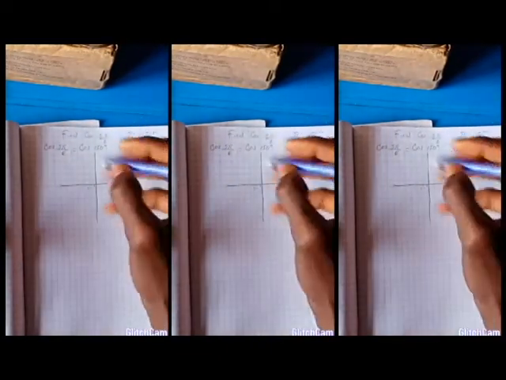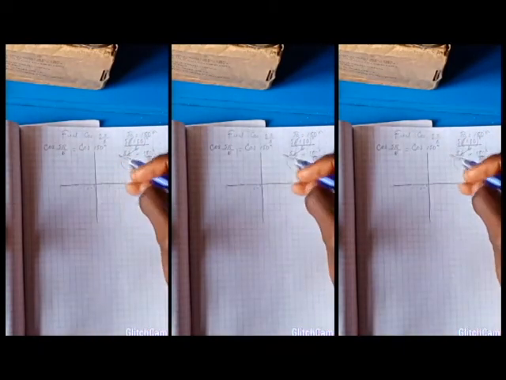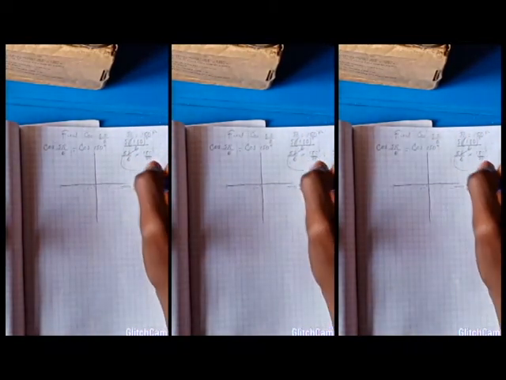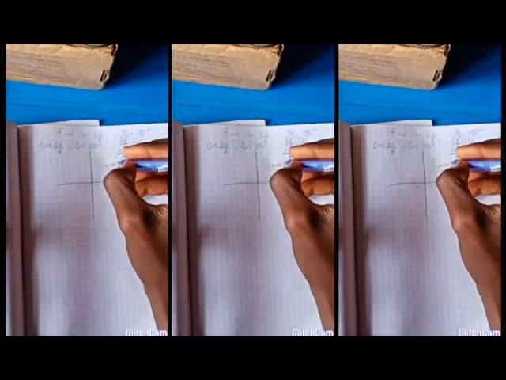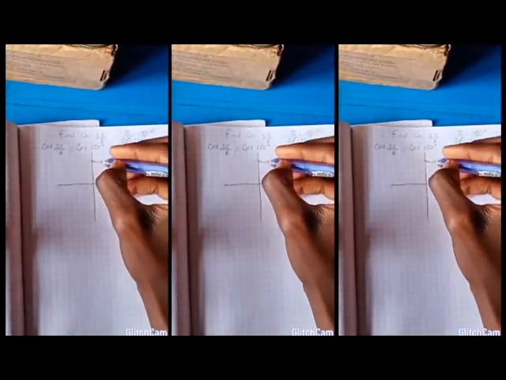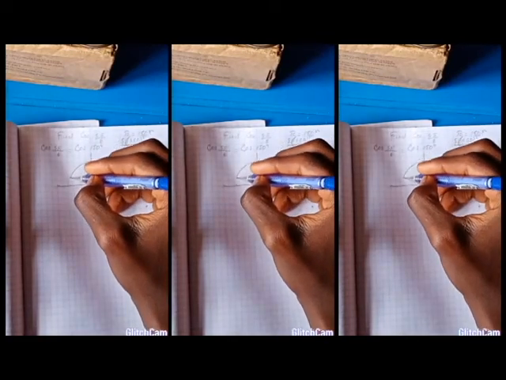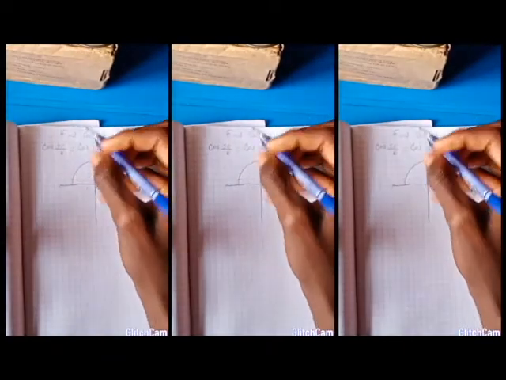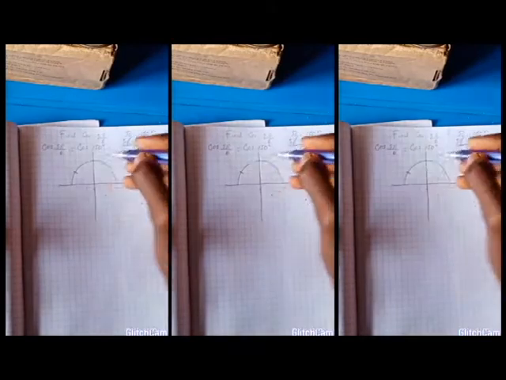We start from the positive and go toward the negative, so that's 90 and 180. 150 should be around here.